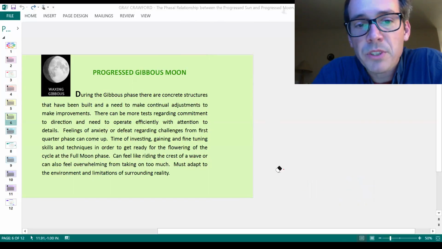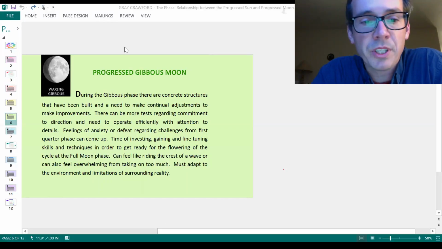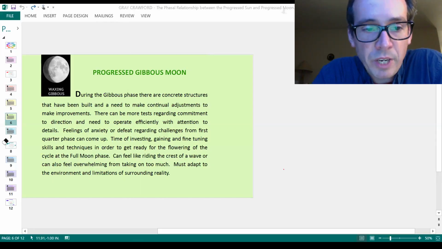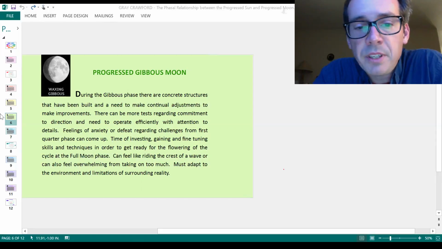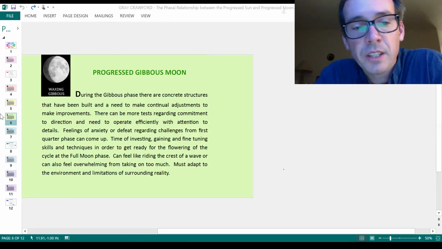Most of the time people are already going to have developed something that's already in motion. So it's more fine-tuning, having a commitment to that direction. There again could be more feelings of anxiety or defeat coming up, but it's a time of investing and gaining skills. It can feel like riding the crest of a wave. It might even feel a little bit overwhelming from taking on a lot.